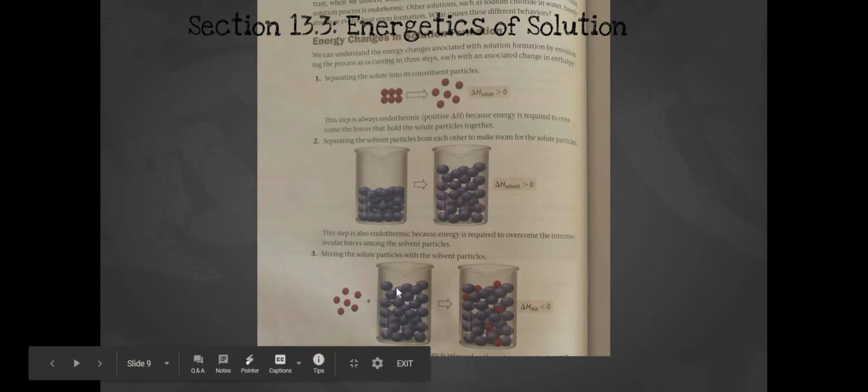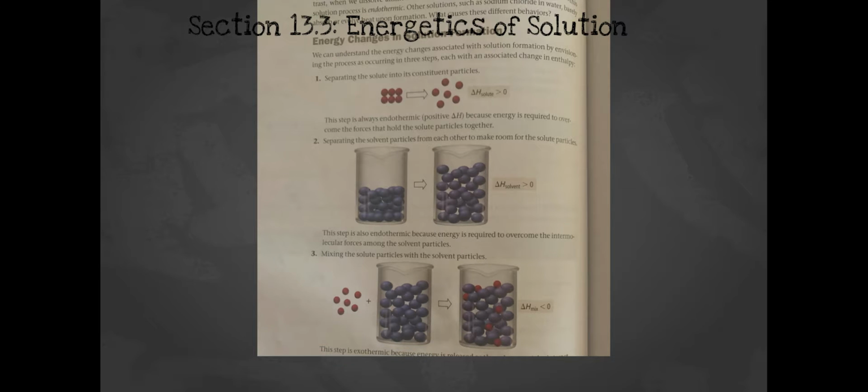And step 3 forms new bonds, so that process is going to be exothermic. Okay, so it's different amounts, different values of step 1, 2, and 3 for each salt. And the balance between the endo and exothermic tells you overall what is the enthalpy of solution going to be. Is it going to be an endothermic process or is it going to be an exothermic process?